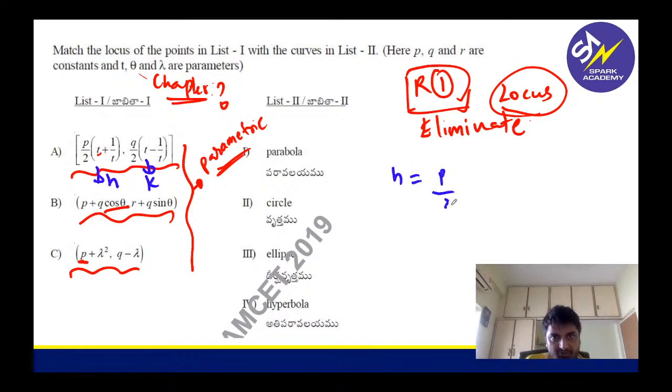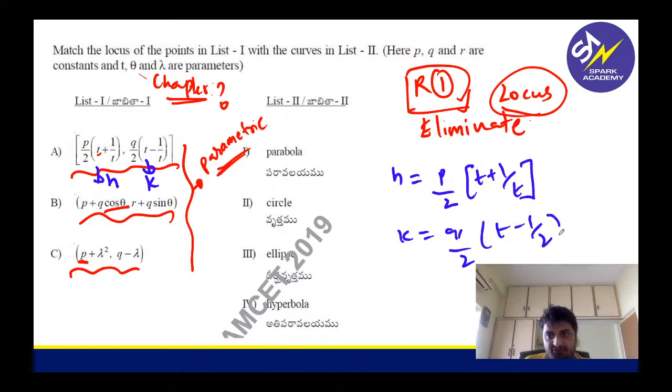So h equals p by 2 into t plus 1 by t, k equals q by 2 into t minus 1 by t. So what do we need to do? What are the parameters? t, theta and lambda are parameters, right? So p and q become constants.